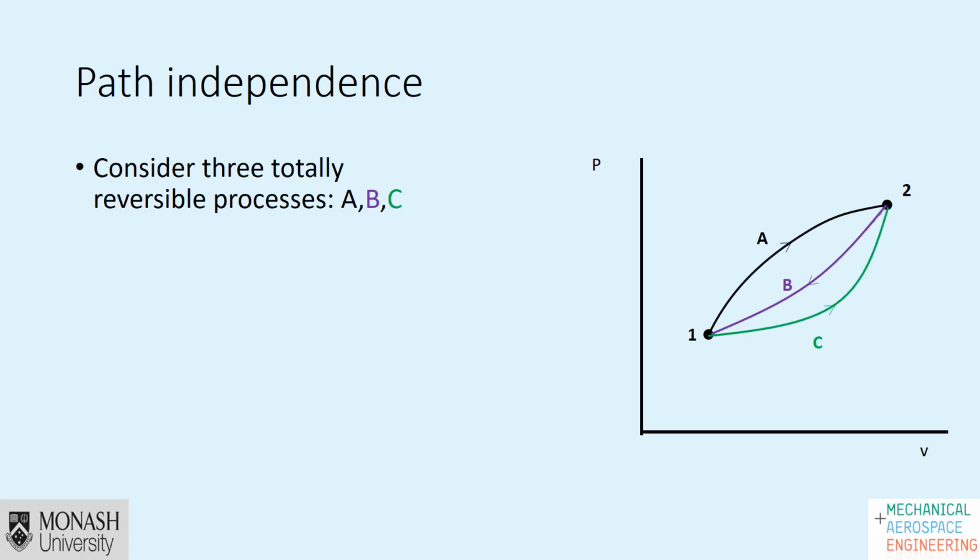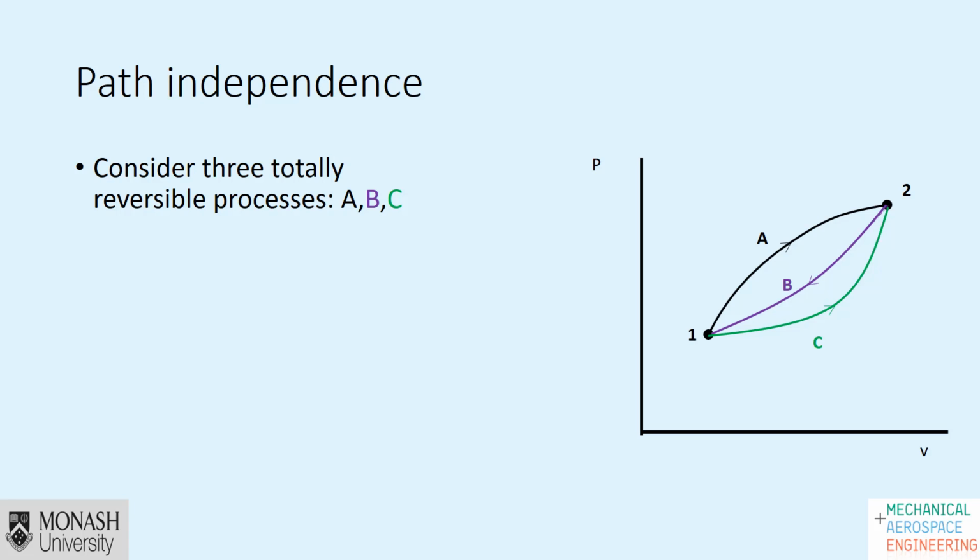So now let's consider three totally reversible processes: A, B, and C. These are different paths between the thermodynamic states that we've called state 1 and state 2. A is one totally reversible path from 1 to 2, C is some other totally reversible path from 1 to 2, and B is a totally reversible path from 2 back to 1.